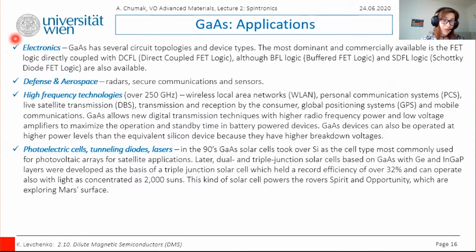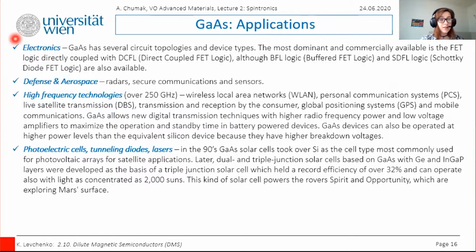Gallium arsenide is found in defense and aerospace for radars, secure communication, and sensors. Also, high-frequency technologies are taking advantage of the capabilities of gallium arsenide to work with frequencies over 250 gigahertz. Thus, gallium arsenide is found in WLAN, in GPS systems, in satellites, mobile communication, and so on.